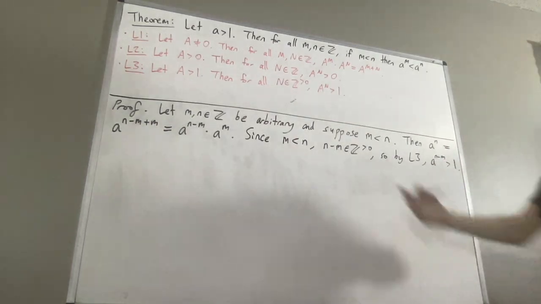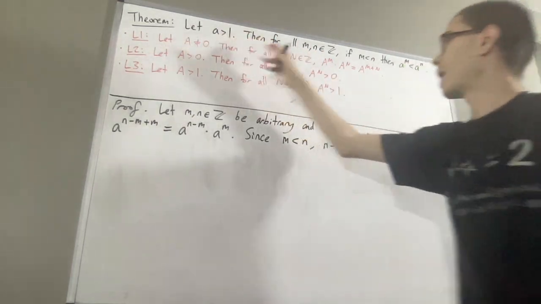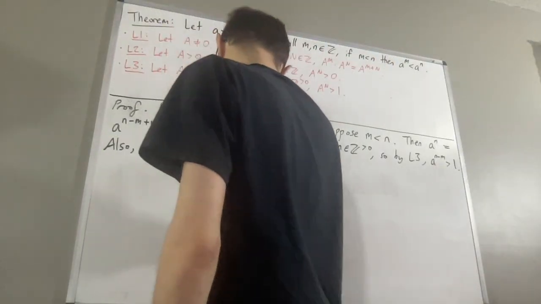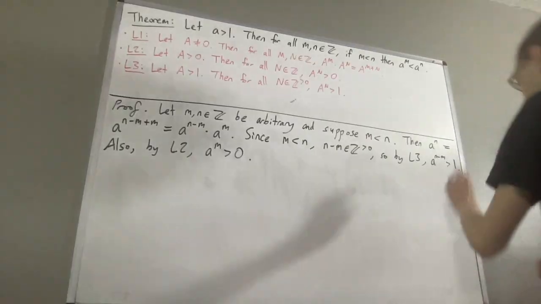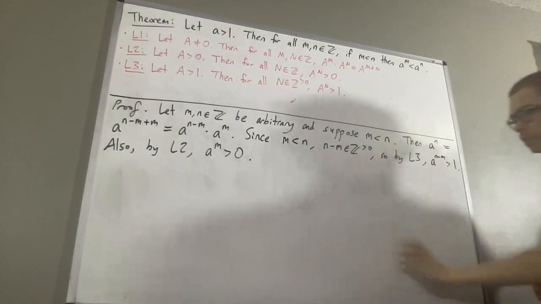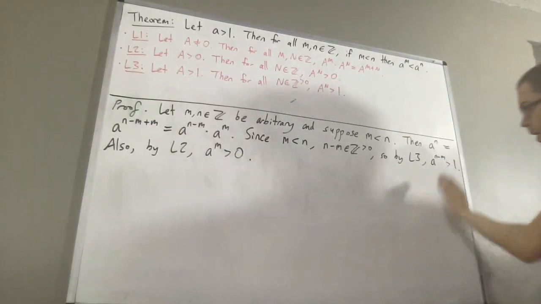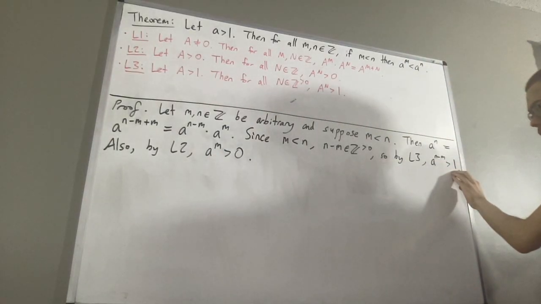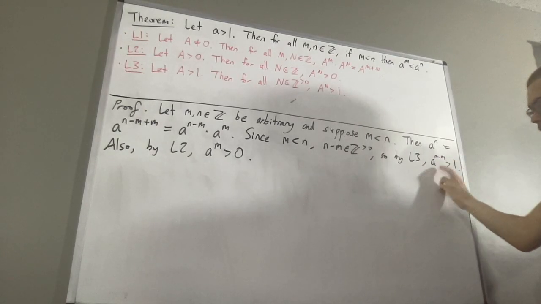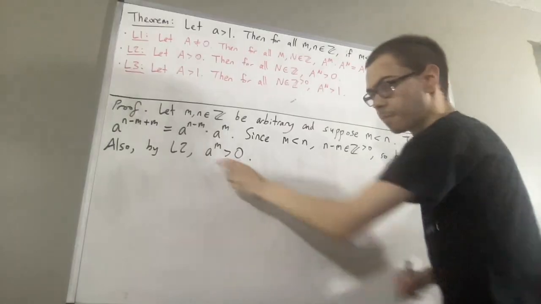But we know since a is positive, a to the power of m is positive. So then, since a to the power of n minus m is greater than 1, if we multiply the positive number a to the power of m on both sides of this inequality, you're going to get a to the power of n minus m times a to the power of m is greater than a to the power of m.